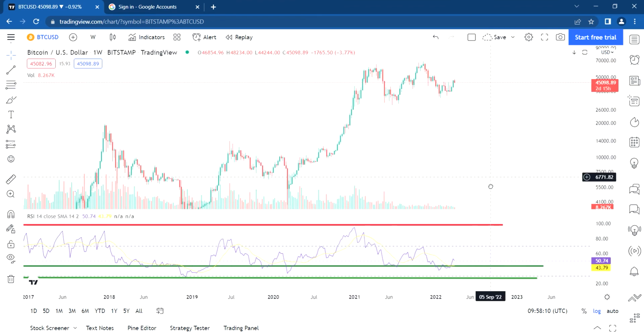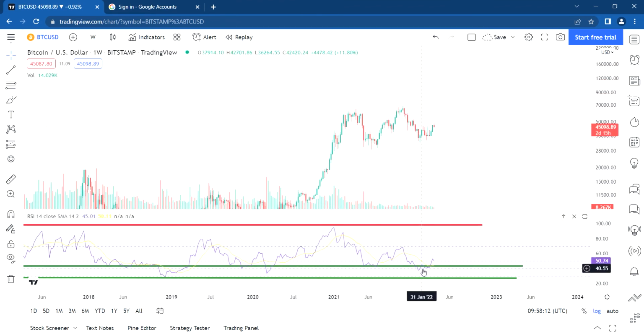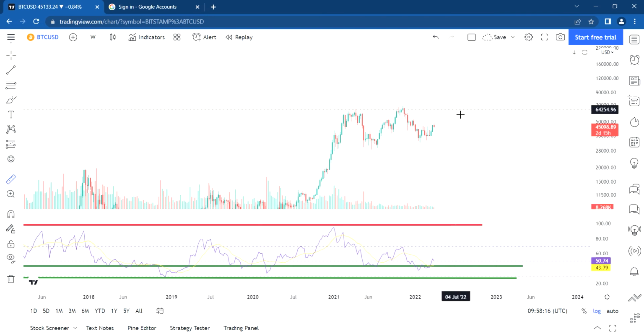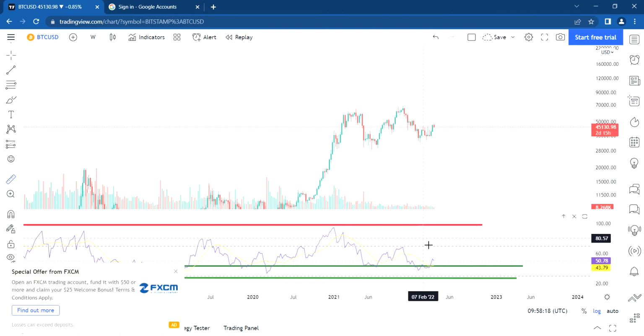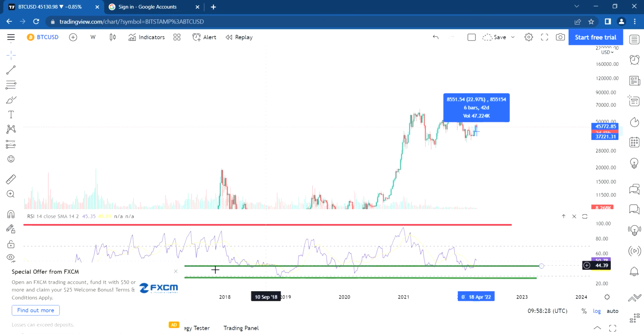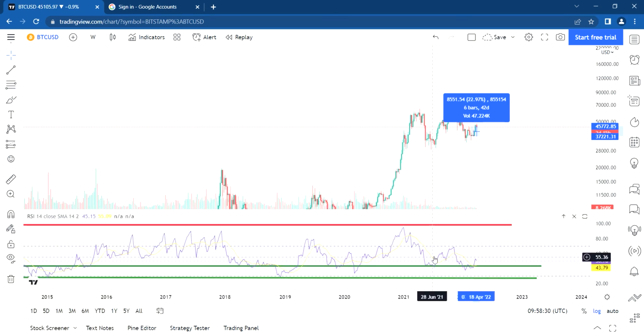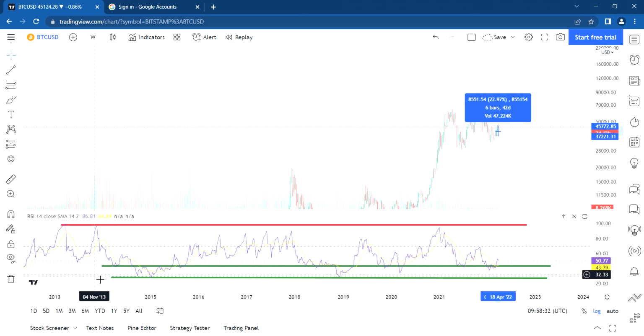We can even see right now, if you had bought within this range over here, and then it finally broke over here, you'd be up 20%, 22%.